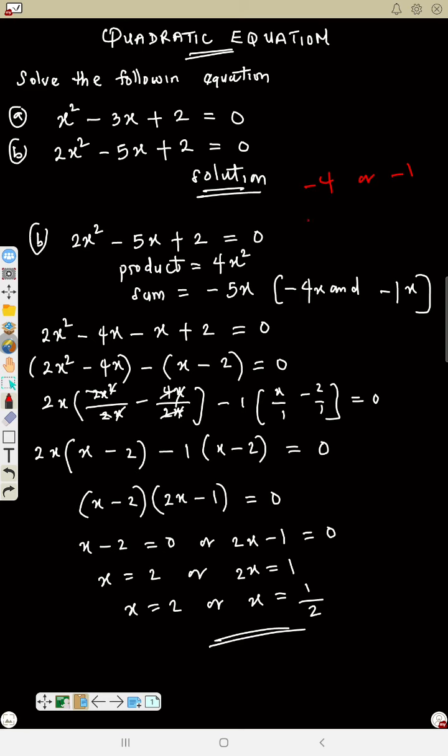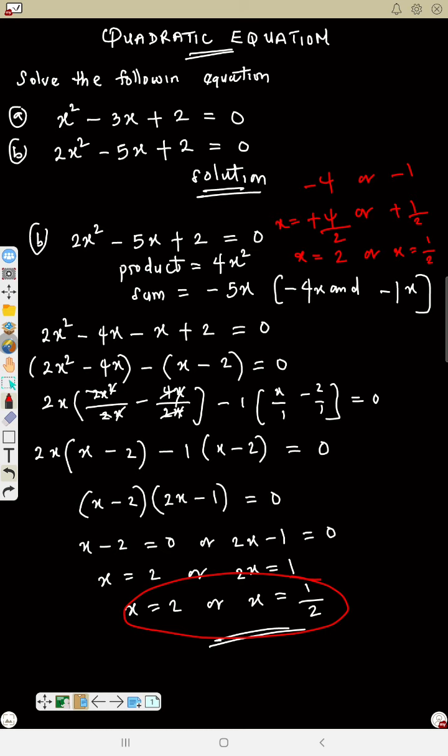Minus we change to plus, that will be plus 4, so x is plus 4, or this one too will change to plus 1. Now look at this, there is a coefficient of 2 here. Since there is a coefficient of 2, divide the two numbers by 2. So that means x is equal to 2, or x is equal to 1 over 2, which is the same as this. So that is the short method.